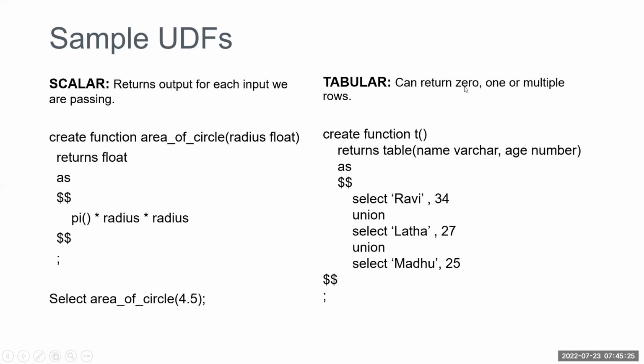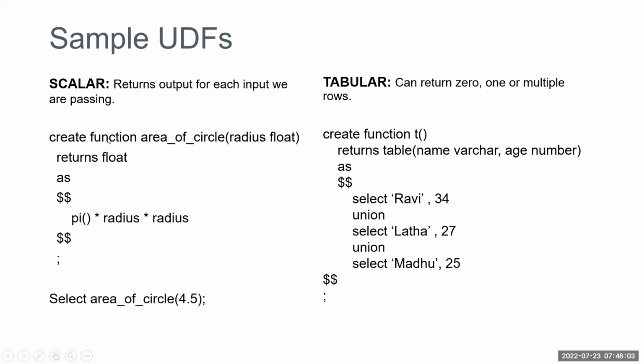Whenever I run some query inside that function, it may not return any results, so there can be zero rows, or only one row. Suppose I'm calculating the count of a table, select count of star from the table, it contains only one row. It can also contain multiple rows. Suppose I'm running select star from employee table, it contains many rows and will display all the rows. So tabular functions can return zero rows, one row, or multiple rows.